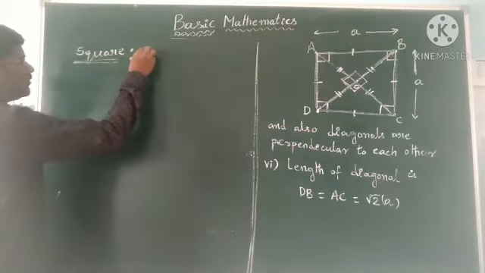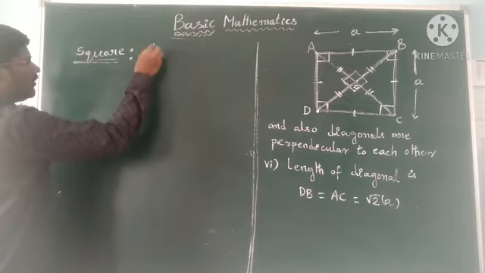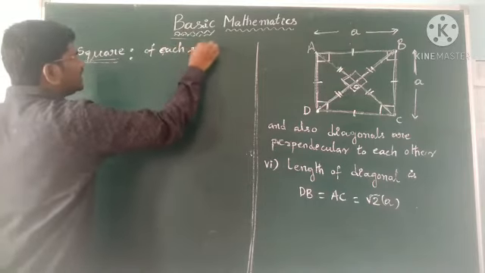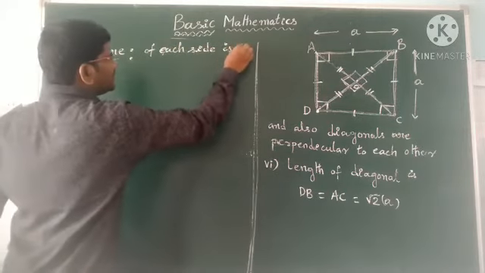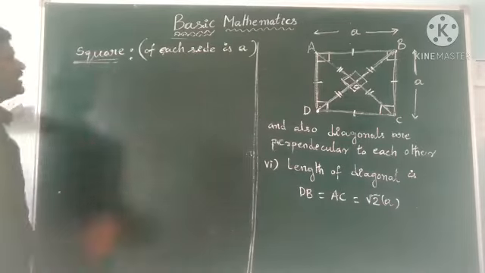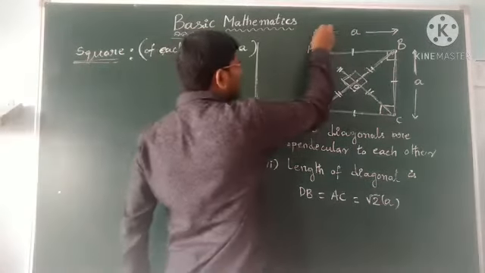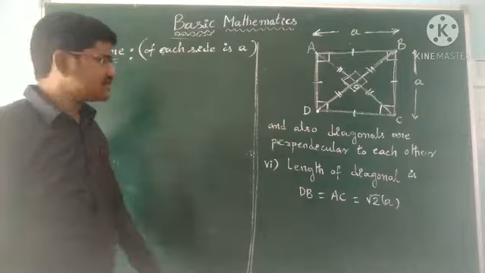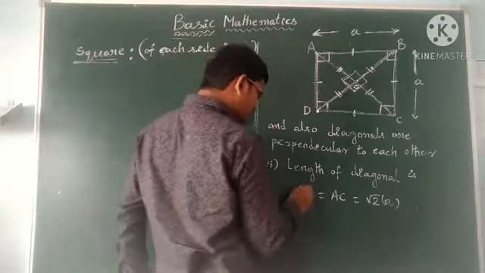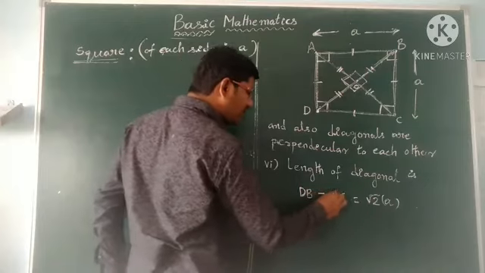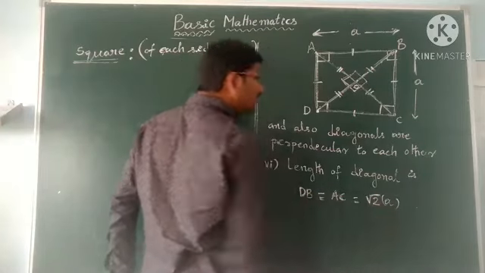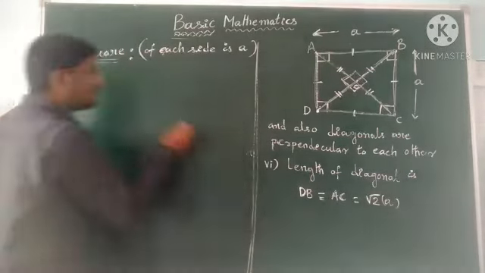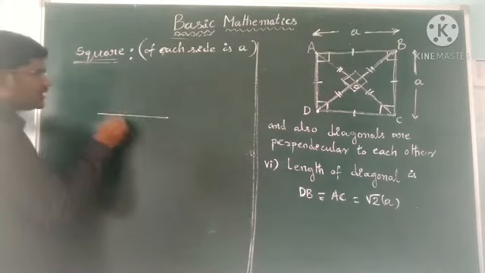So here, in a square, each side is A. See my dear students, here I have taken a square whose each side length is equal to A. Now I want to find the length of the diagonal, either DB or AC, and I have written root 2 into A. How do we find it?